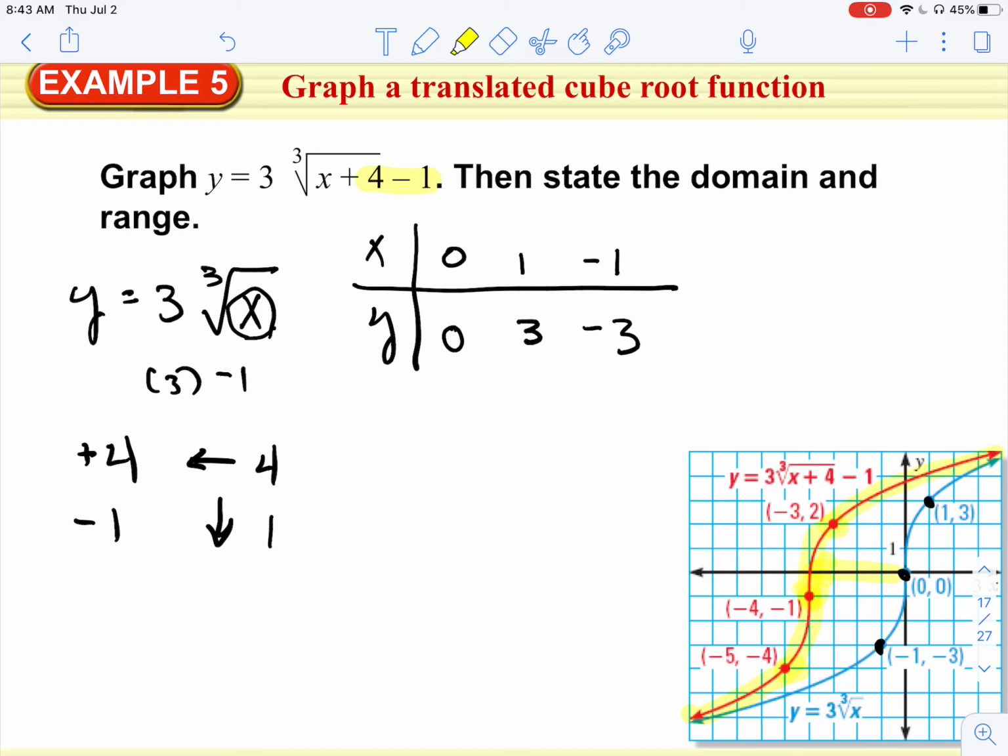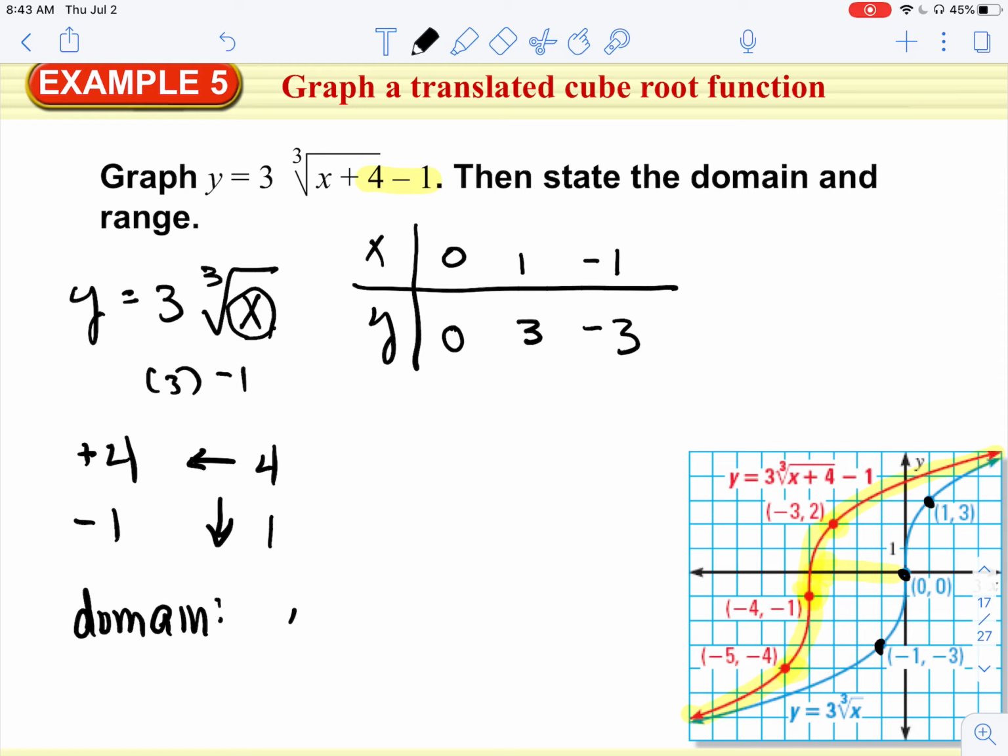Not too bad. Your graphs certainly don't have to be perfect. I'm generally looking for the 3 points that are easiest to graph, and with a square root, I'd be looking for the 2 points that are easiest to graph. The domain and range: the input, I can input everything.